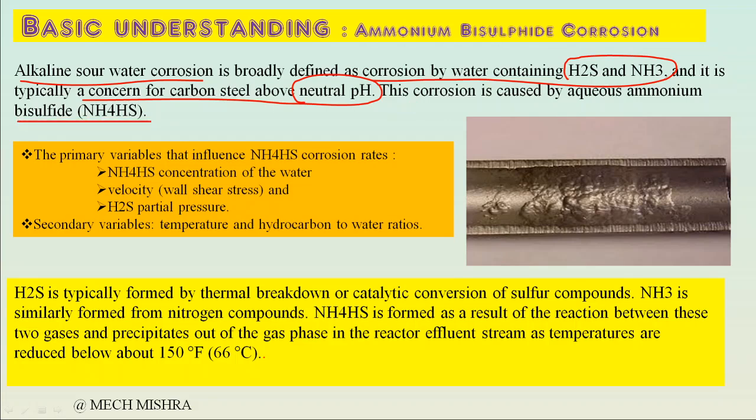As I told, it is also defined as alkaline sour water corrosion, which is defined as corrosion by water containing H2S and ammonia. This situation typically occurs for carbon steels above neutral pH.